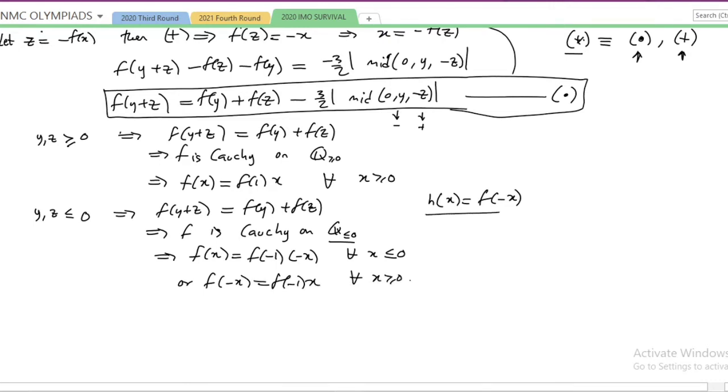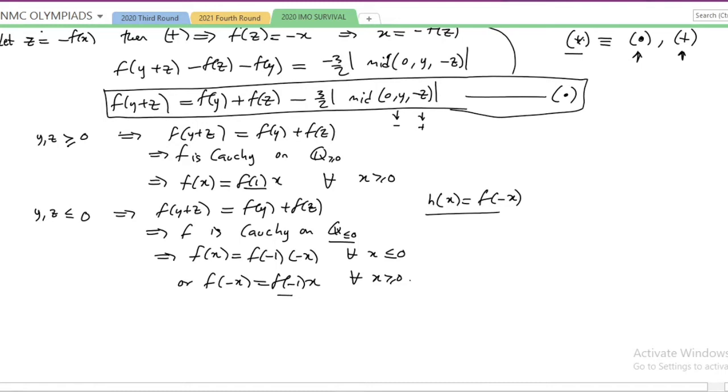Alright, so this means f is linear on the positive axis and also linear on the negative axis, but not necessarily with the same gradient. So it depends on f of 1 and f of minus 1. I know f is not entirely Cauchy, so there's a good chance that they are not equal.